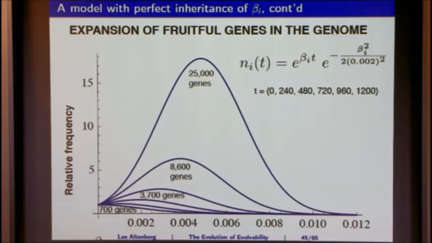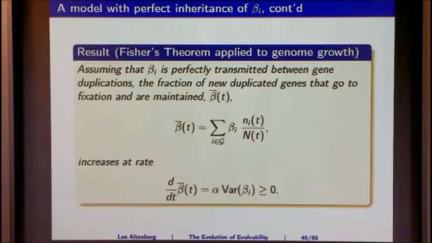Now, if we can make a little theorem out of this, it's basically Fisher's fundamental theorem applied to genome growth. If you assume that this beta sub I probability is perfectly transmitted between gene duplications, then the fraction of new duplicate genes that go to fixation and are maintained, this beta bar, which is the sum of this, increases at a rate proportional to the variance in beta sub I, which will be greater than 0.